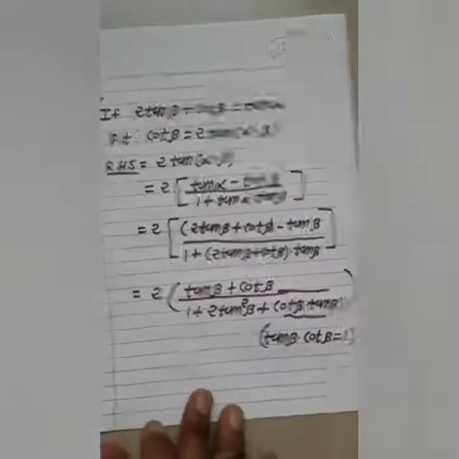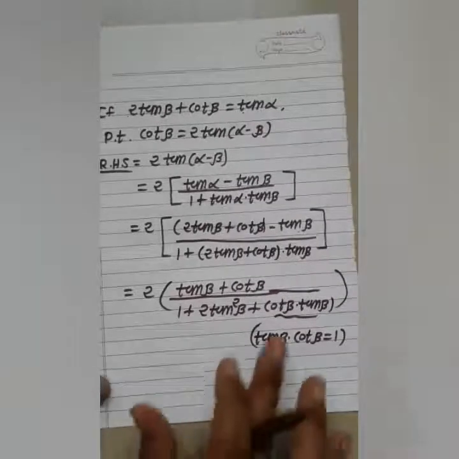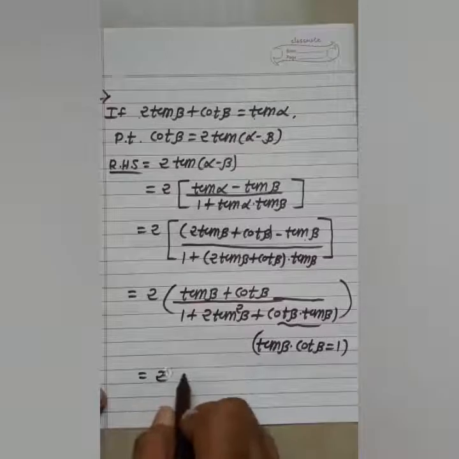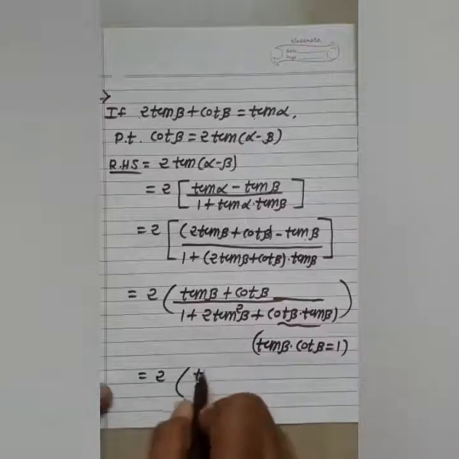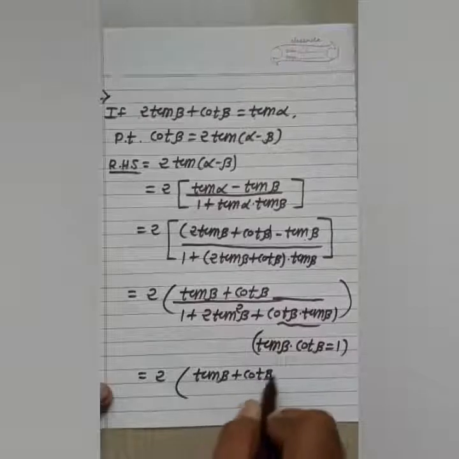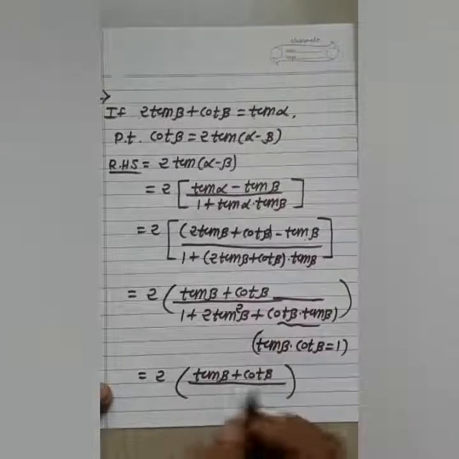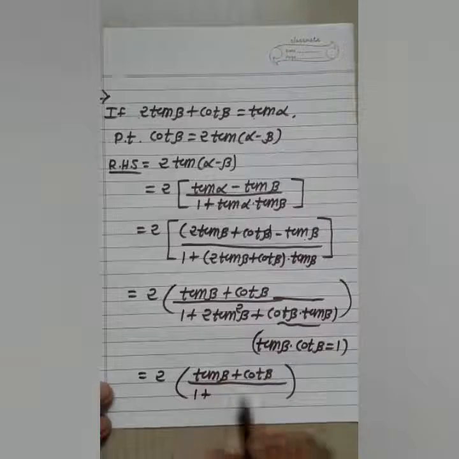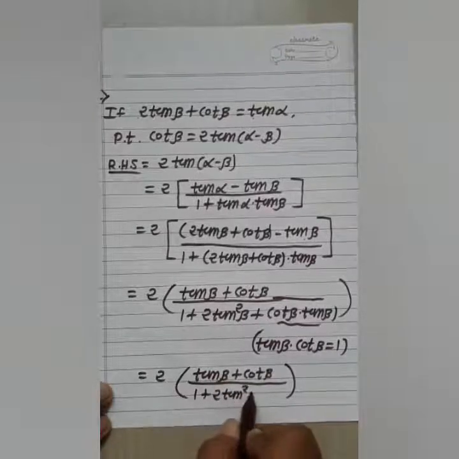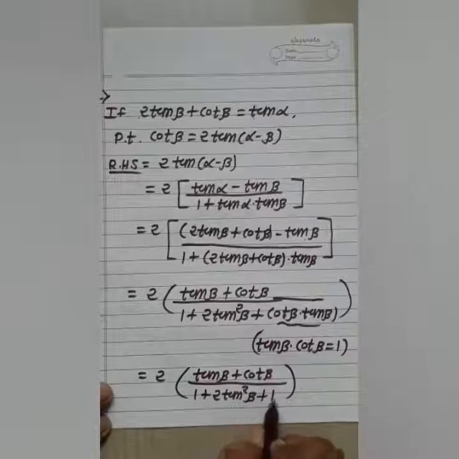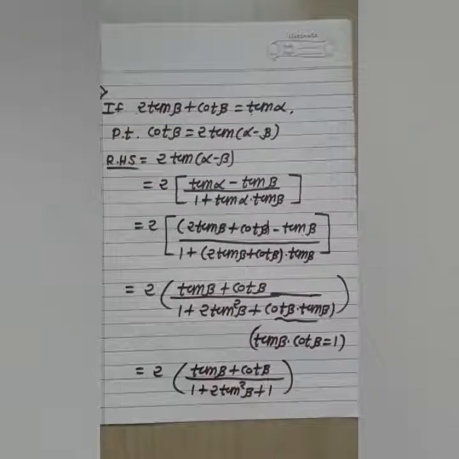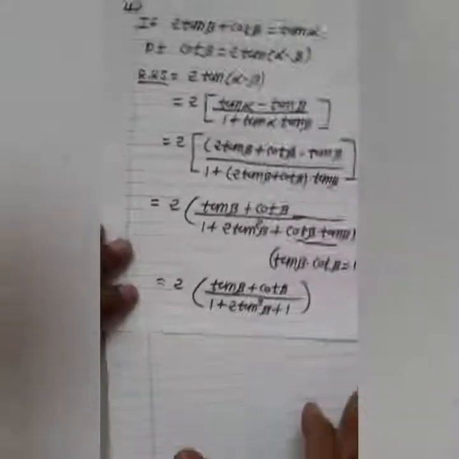So here we can apply tan beta into cot beta in place of 1. So it is equal to 2 into bracket tan beta plus cot beta bracket over, upon 1 plus 2 tan square beta plus 1. Now 1 plus 1, that means 2.